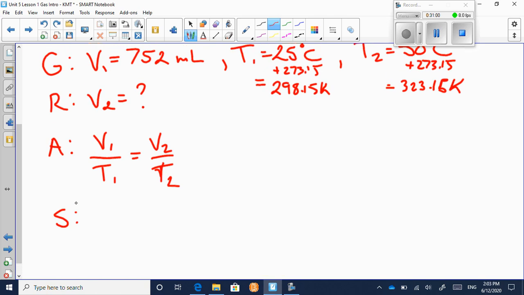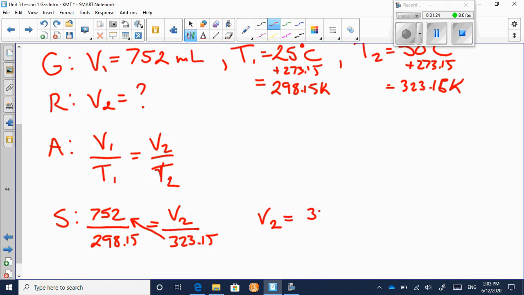Okay, so now we're ready to sub and solve. So my V1 was 752 divided by T1, which was 298.15. My V2 is unknown, and my T2 was 323.15. So I'm going to cross multiply the 323 up. So V2 is 323.15 times 752 divided by 298.15.